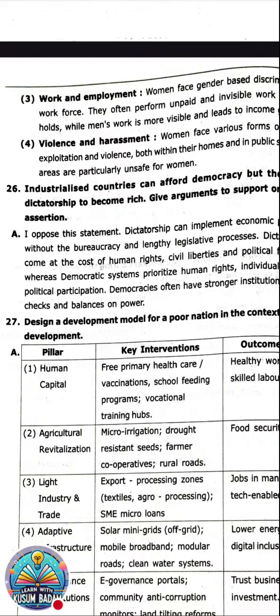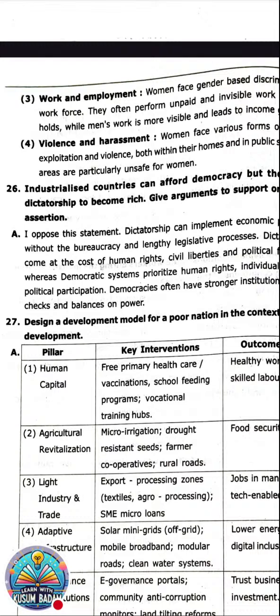So yes, I oppose this statement. Dictatorship can implement economic policies swiftly without the bureaucracy and lengthy legislative process. Dictatorship often comes at the cost of human rights, civil liberties, and political freedom.